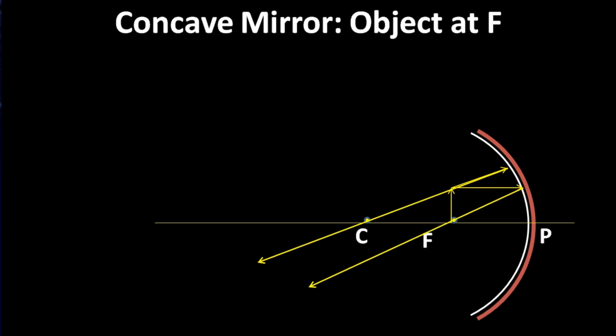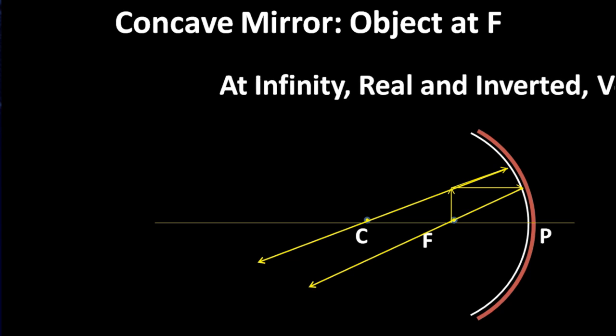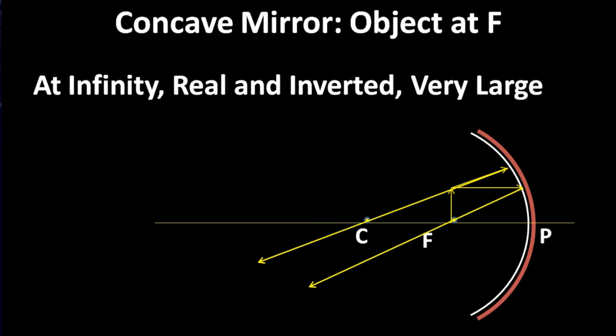The two rays are parallel to each other and we assume that they meet at infinity. So the image is formed at infinity. So when the object is kept at focus, the position of image is at infinity, nature of image is real and inverted, and the size of image is extremely large.